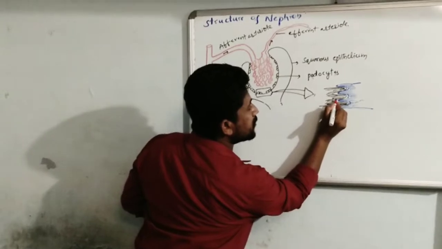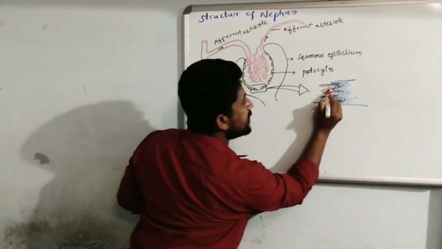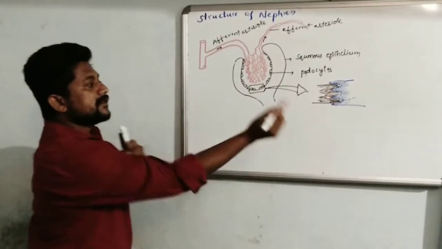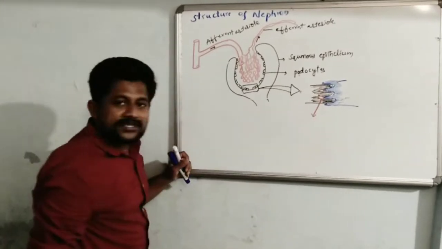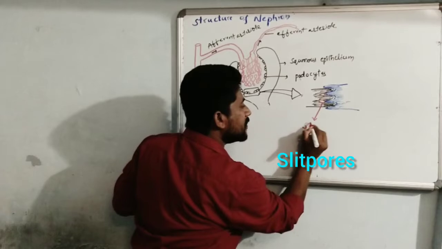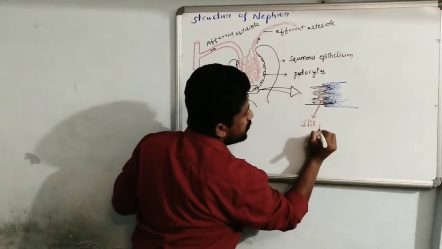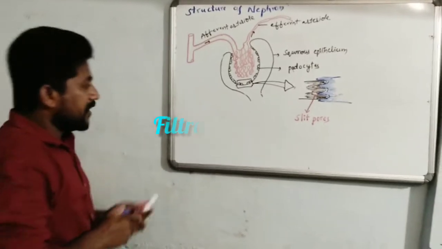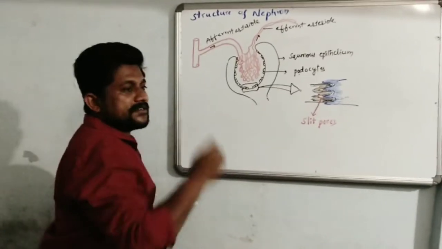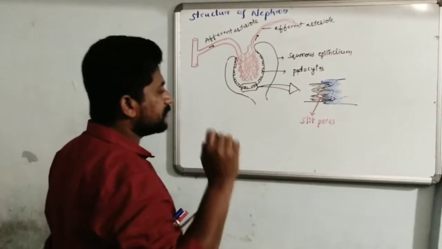These tiny pores are known as slit pores, or filtration pores.